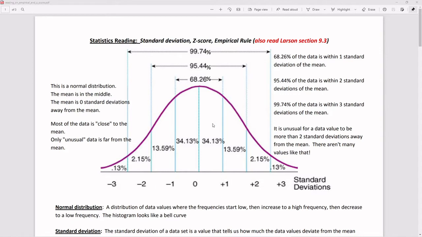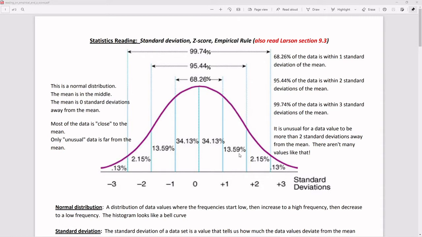Well, most of your data is packed together in the middle. If you're thinking people, then most people, whatever you're measuring about them, are pretty close to the center, the mean being right here in the middle. And then as you look at values further from the mean, you tend to get fewer people there.